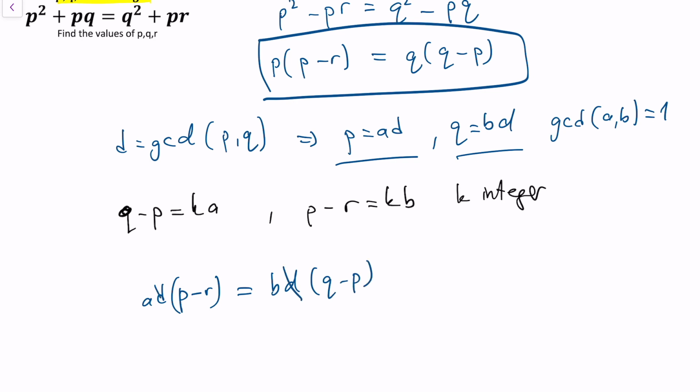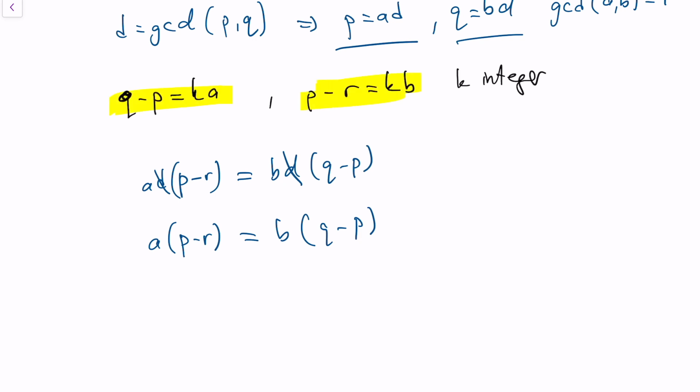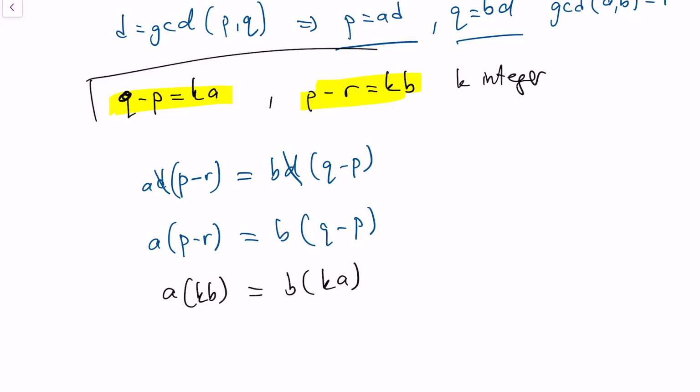Now if we cancel these, we have A(p minus r) is equal to B(q minus p). And we have p minus r here and q minus p there, so if you plug it in, we have A times Kb here and B times Ka there. So they are the same thing, right? In other words, these two are justified.